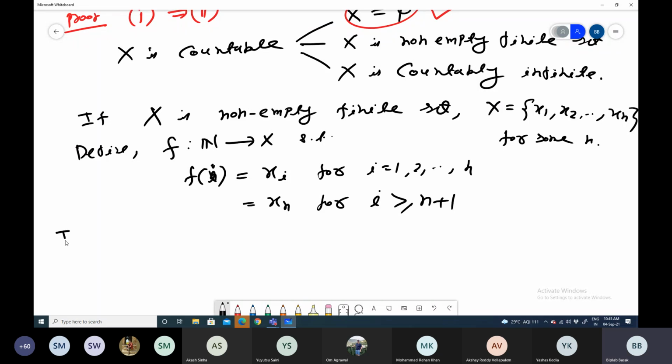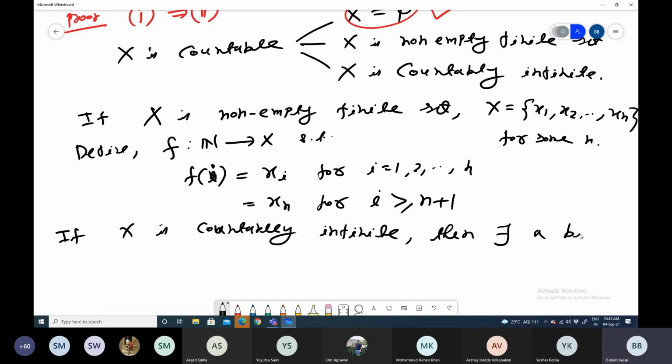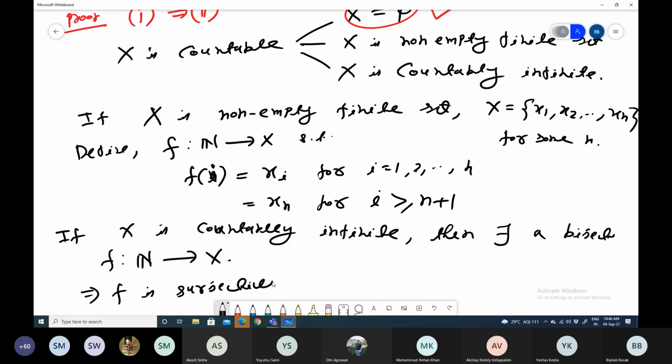And case 3, if X is countably infinite, then there exists a bijective f from N into X. So this is surjective. So that implies f is surjective. So we are done. Okay.